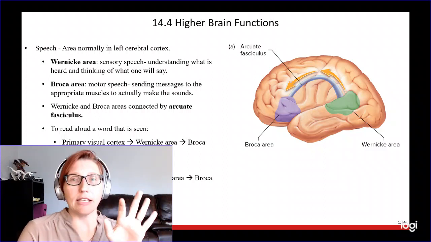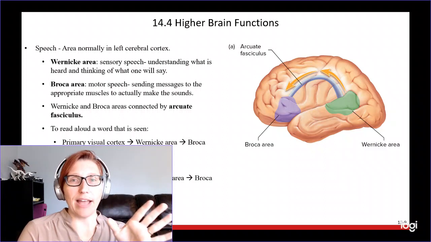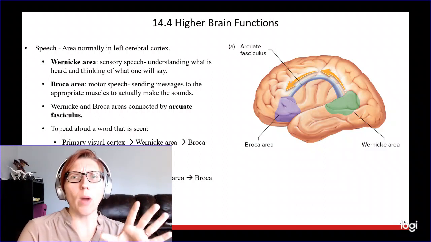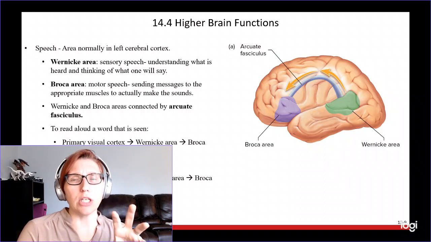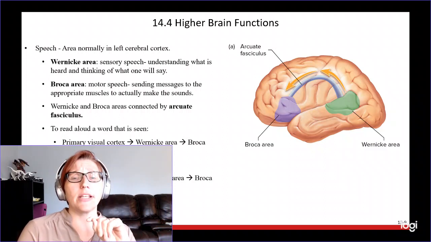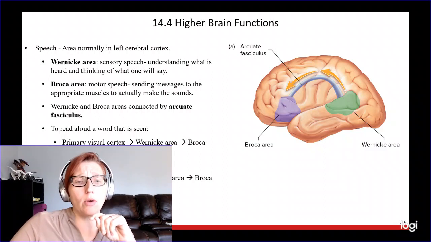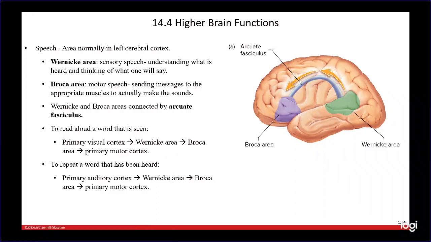It is super easy to find because it is a really fascinating thing, and there's lots of other ways that people have found workarounds for this, but these two regions work. They coordinate with each other for us to be able to communicate together. So make sure that if I were to say, in order to read aloud a word that is seen, it starts at the primary visual cortex because you saw it, right? So it is sent through the primary visual cortex to the Wernicke area.